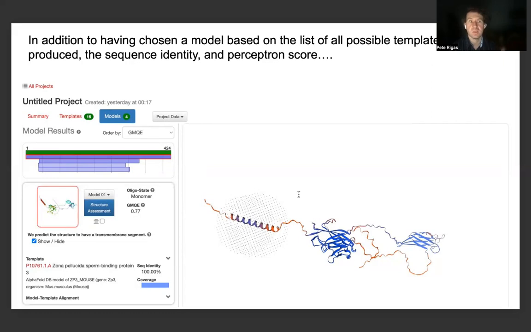In the case of another compound that I ran on the Swiss model before obtaining the PDBQT file that we fed to AutoDock Vina, we can look at 16 templates from which 4 models are introduced. And we can look at, as we mentioned, the sequence identity, which again, for this particular model 01, was 100%, as well as a GMQE score of 0.77, which is pretty good.